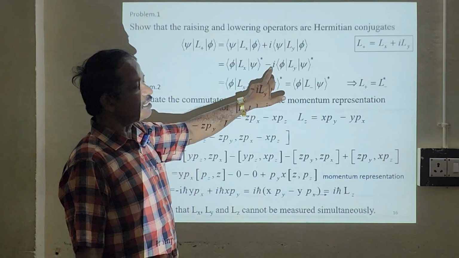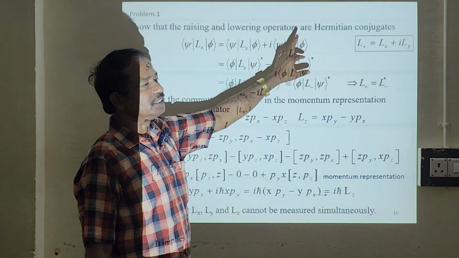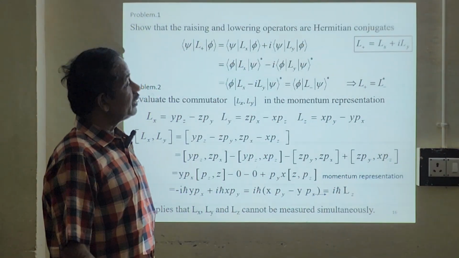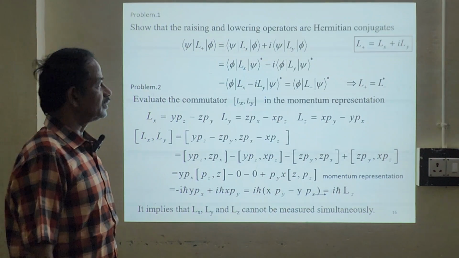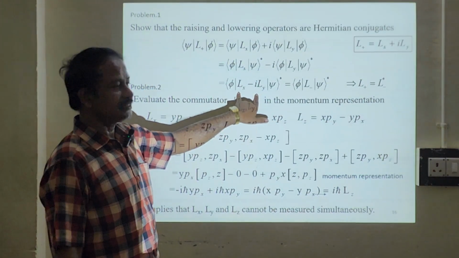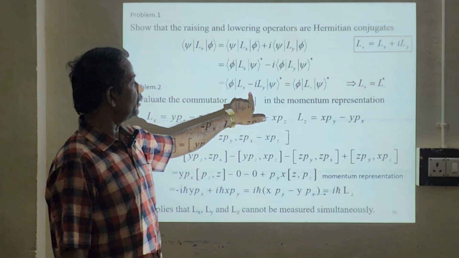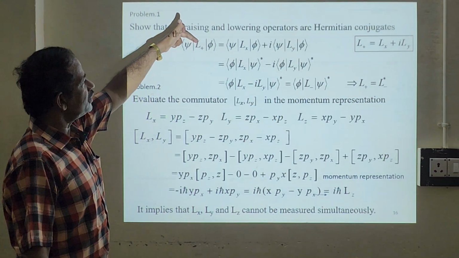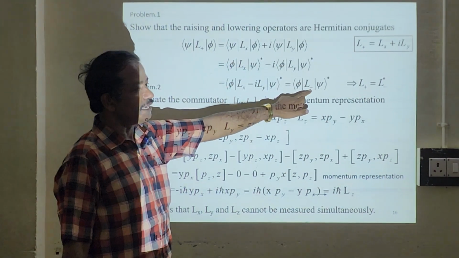Ket phi now becomes bra phi, and bra psi has become ket psi. Taking the complex conjugate will give you minus i. So you get bra phi Ly ket psi with a complex conjugate. Combining together, you can write this as Lx minus iLy, which is L minus. So look at this one, L plus, and you have L minus.